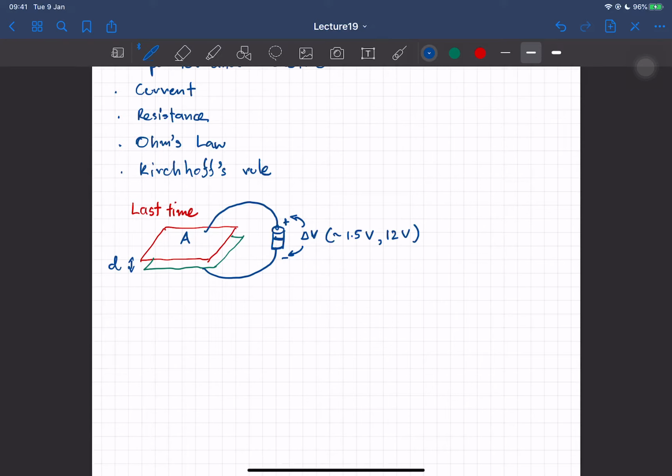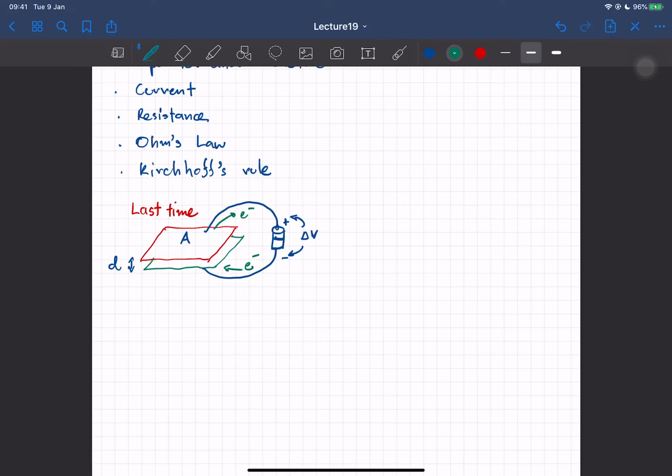Okay, but what's exactly the number? That depends on the type of the battery. So we just won't write that because we want to be a little bit more generic here. So the role of the battery is to draw electrons from the top plate and then put electrons to the bottom plate like this.